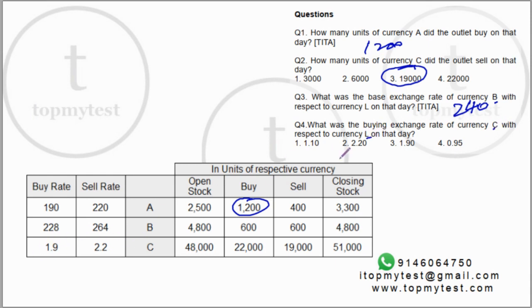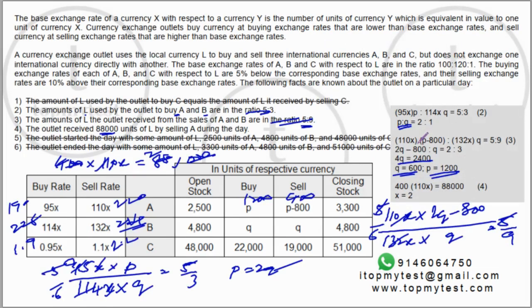Buy rate is 1.9. C is here. Right? Not difficult at all. You just had to do some amount of manipulations. That's about it. Definitely should have been answered. Purely calculation, largely calculation based. Once you get the hang of what to fill, questions are reasonably easy to solve.